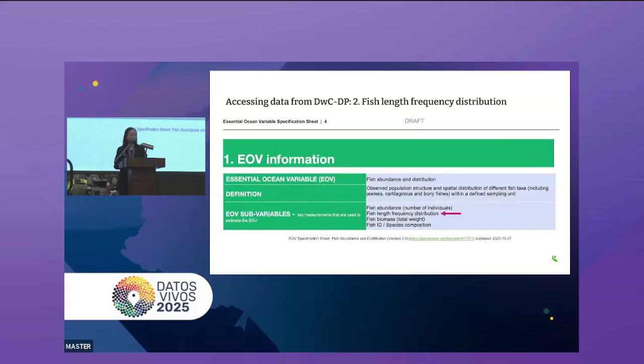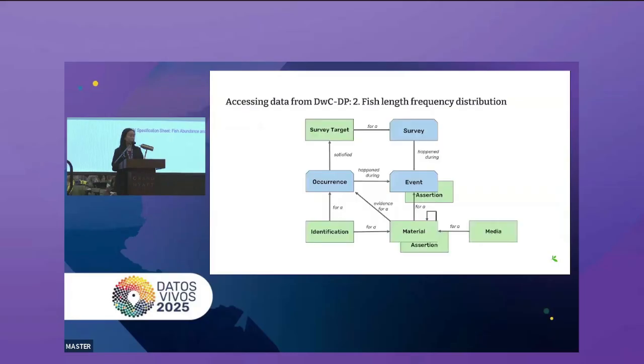The second use case that we thought of is that we wanted to be able to pull this data out for data products. So in essential ocean variables, the fish length frequency distribution is one of the sub-variables. So we want to see if we can pull out the fish length and build this fish size frequency diagram.